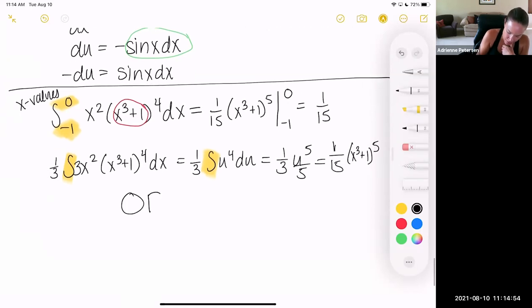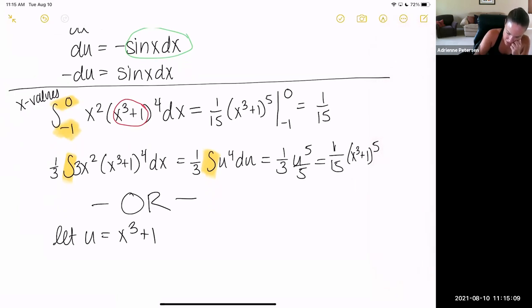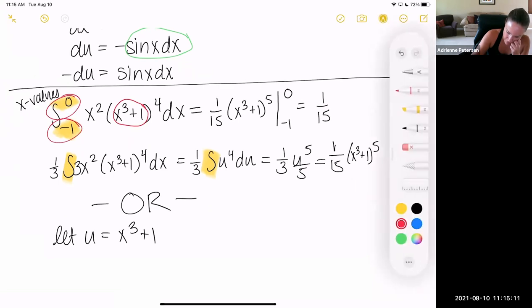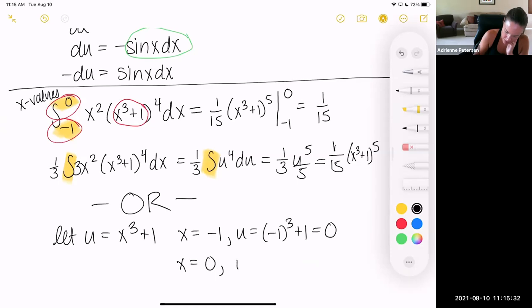Now, the other way you could do this with u substitution, I think is trickier, but the other way is we are letting u be x cubed plus 1. So if we look at these original limits of integration, -1 and 0, in terms of u, our first limit of integration is x equals -1. That would mean that u, in terms of this formula, would be -1 cubed plus 1, which is 0. And when x is 0, u would be 0 cubed plus 1, which is 1.